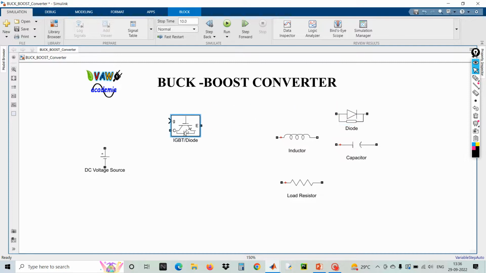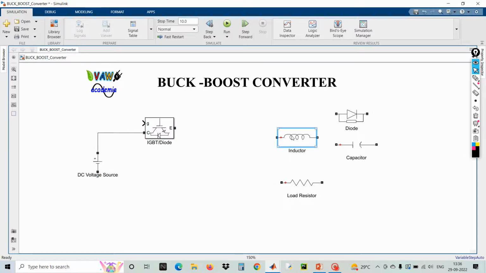So here in buck boost converter, switch will come at the input side, whereas the inductor will come at the middle and diode will come at the output side. And one more important point here, I'm going to reverse the connection of diode.